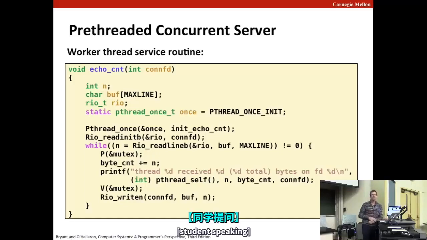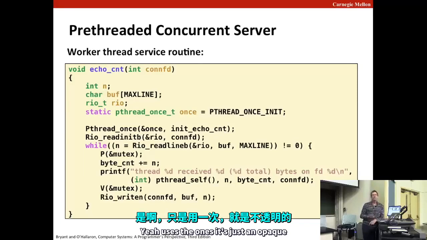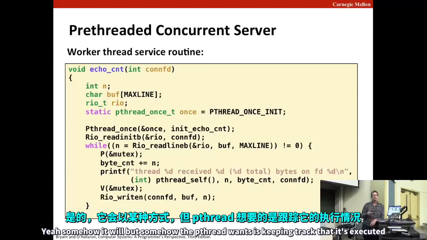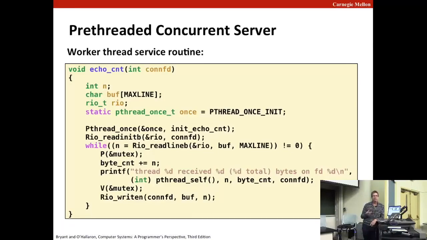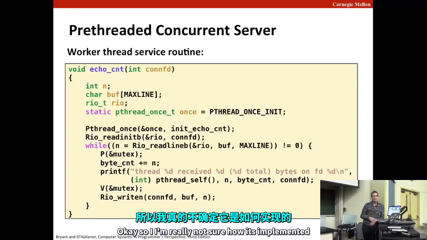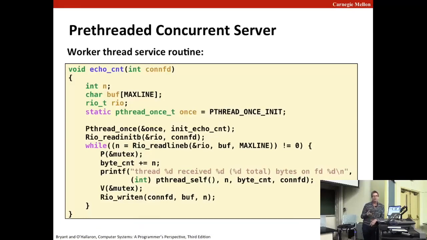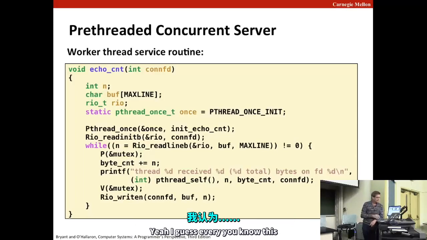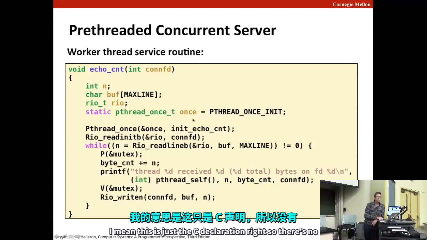So, does it use the once as a flag? Yeah, it uses the once. It's just opaque. But then when the other function calls the declaration line, won't it be resetting the flag by resetting its pthread once init? Yeah, somehow it will, but somehow the pthread once is keeping track that it's executed. I'm really not sure how it's implemented. I mean, this is just a C declaration, right?